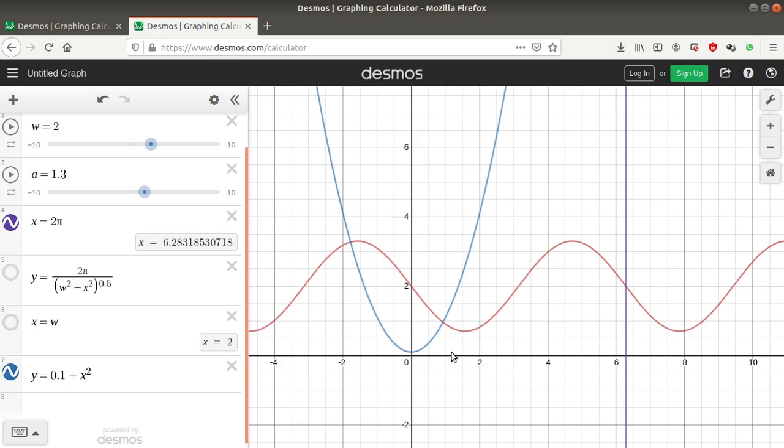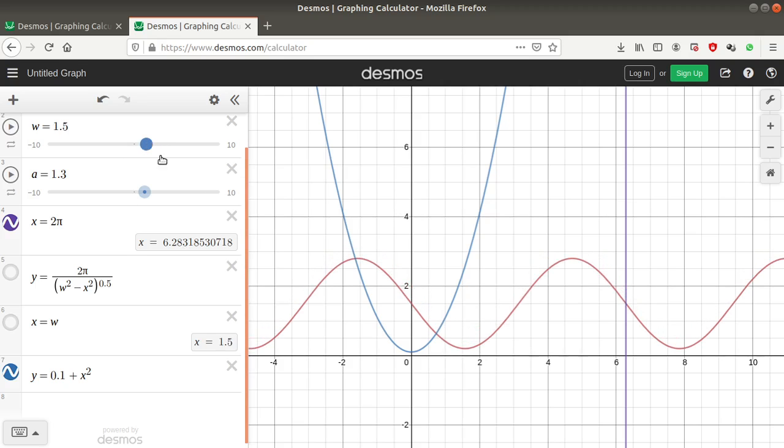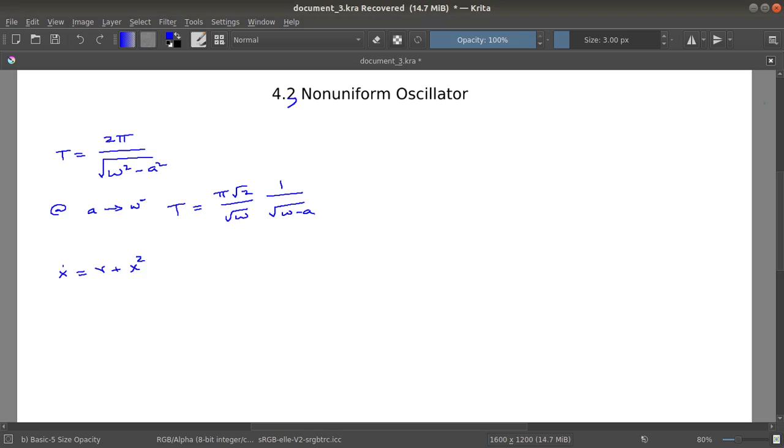Therefore whatever time is taken for this system to go from minus infinity to infinity is going to be the time taken for crossing this region. Using that idea, we are going to calculate the time period in such a situation.